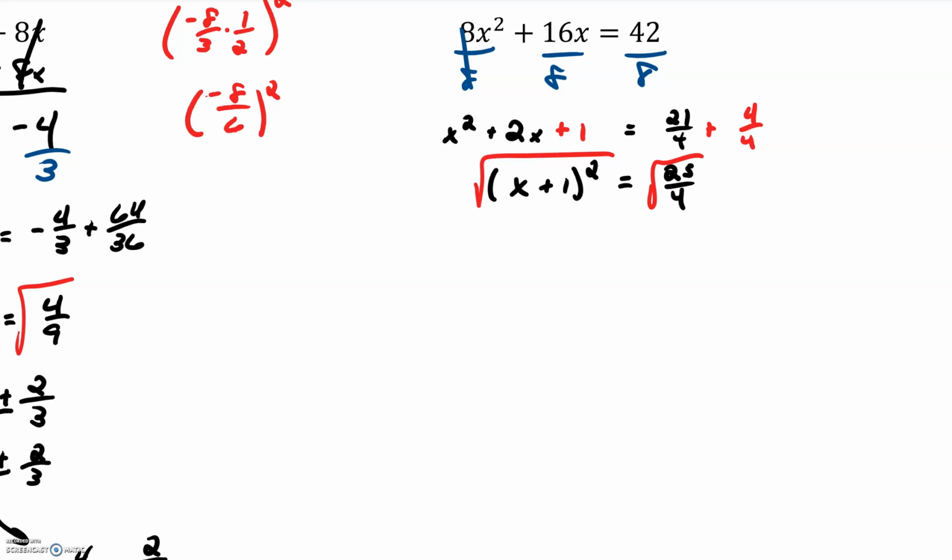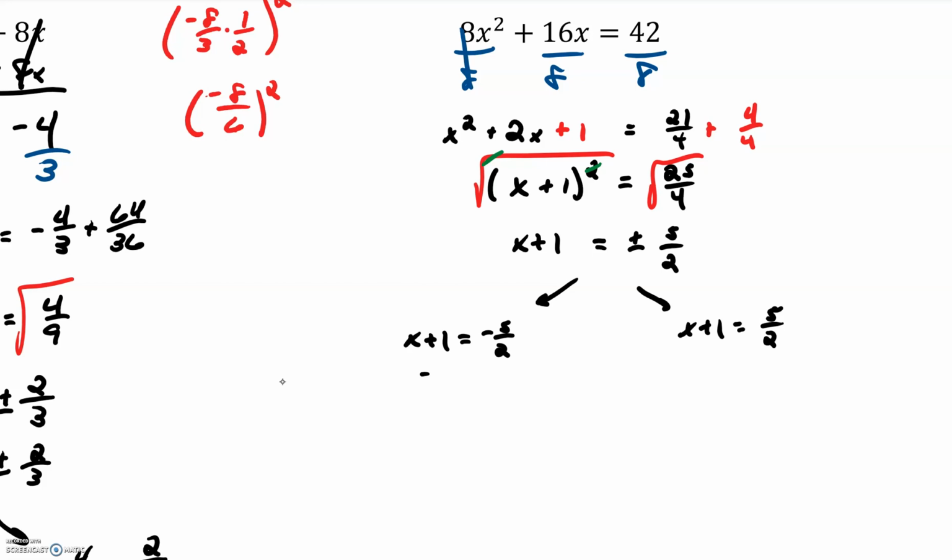Now I take the square root of both sides, because this square root cancels the squared, and I'm left with x plus 1 is equal to both positive and negative. Square root of the top is a 5. Square root of the bottom is a 2. Now I can break it up. X plus 1 is equal to negative 5/2, and x plus 1 is equal to positive 5/2.